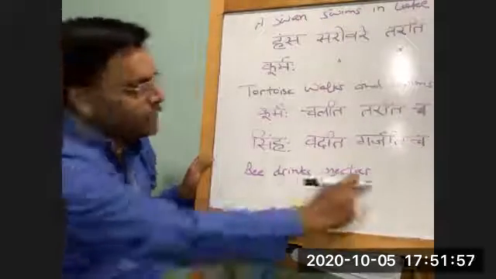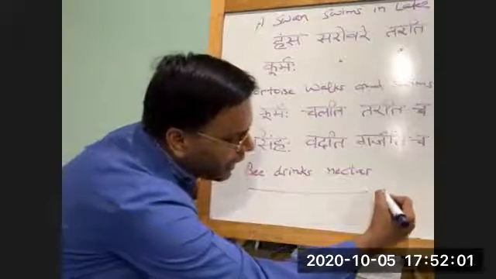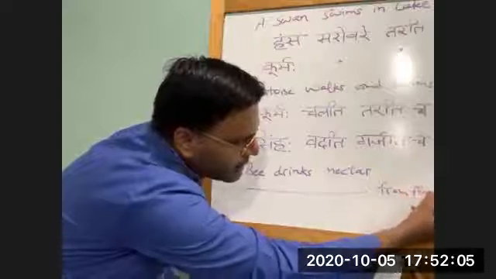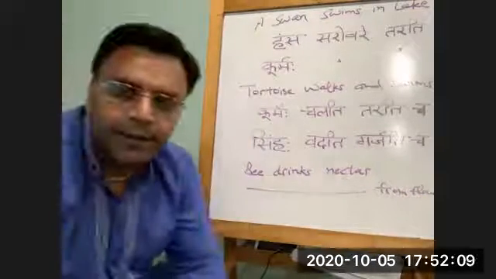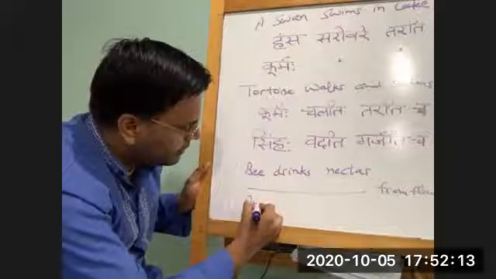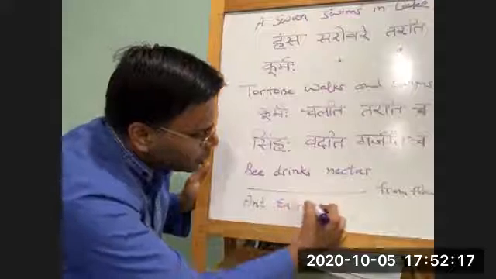Okay, so you can do that as one sentence, and then the same thing, bee drinks nectar, add from flowers. So extend that sentence. And then ant eats sugar.